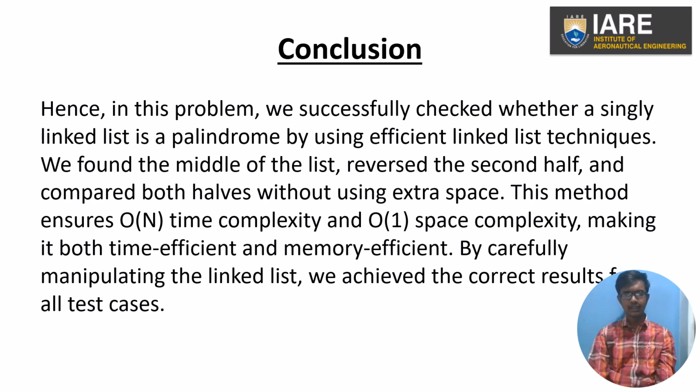This method ensures O(n) time complexity and O(1) space complexity, making it both time efficient and memory efficient. So, by carefully manipulating the linked list, we finally achieved the correct wanted results for all of the test cases. Hence, this is the final conclusion of this topic.